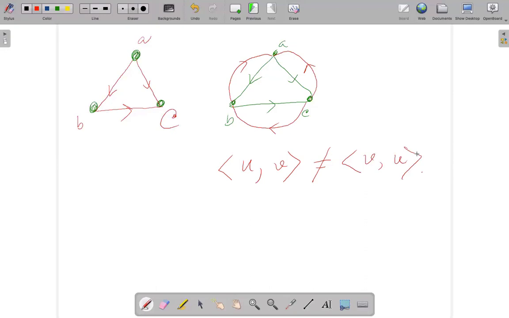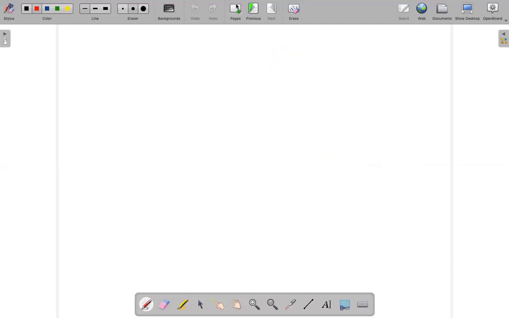The next thing that we need to introduce ourselves to, again a very important concept, is a weighted graph.